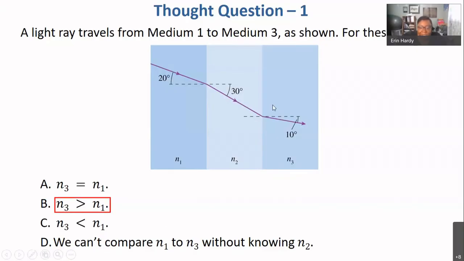And N3 would have to be greater because of the fact that there's a 20-degree loss for this interaction compared to a 10-degree gain. So in other words, material 3 is slowing light down more effectively than material 1 does. So that means that the index of refraction has got to be greater for material 3.